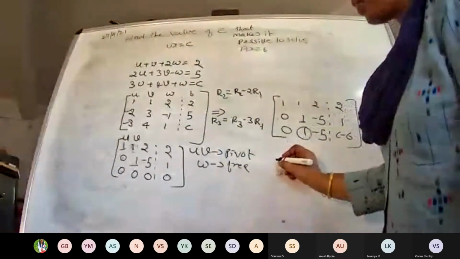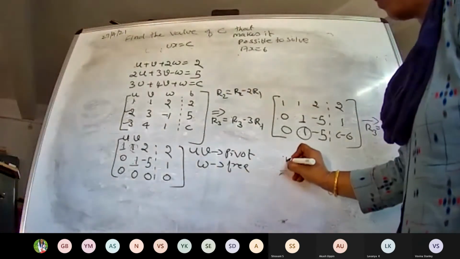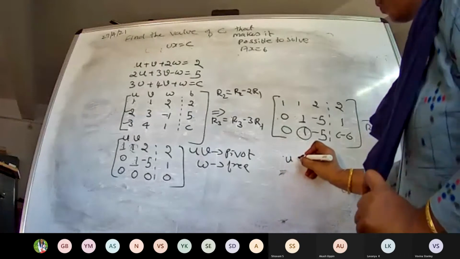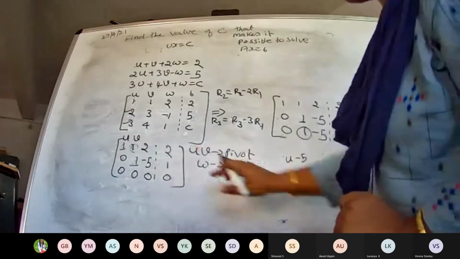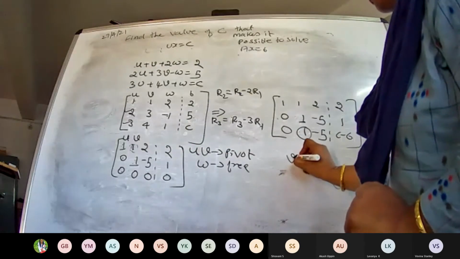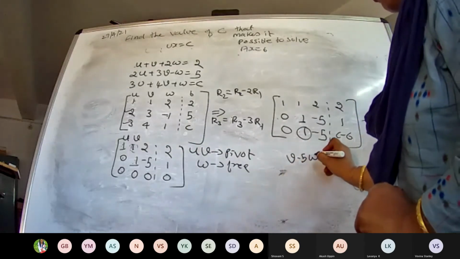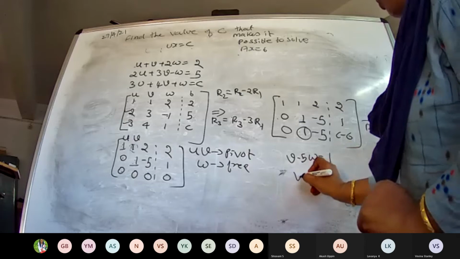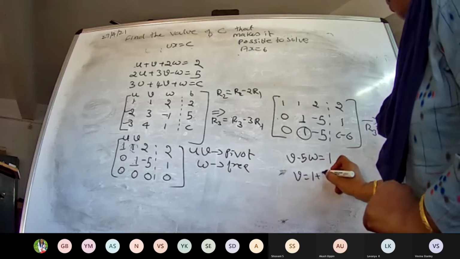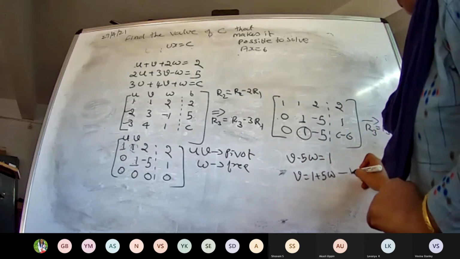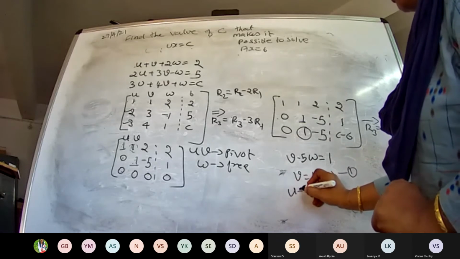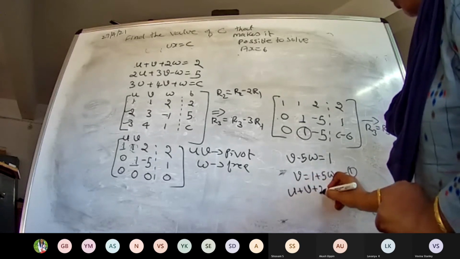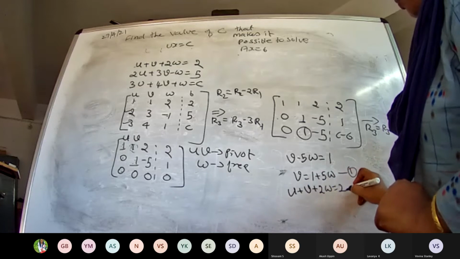So here you can write the expressions. What are the expressions you can have? One is the last expression, that is V minus 5 W equals 1. So V equals 1 plus 5 W, one expression. Another one is U plus V plus 2 W equals 2.